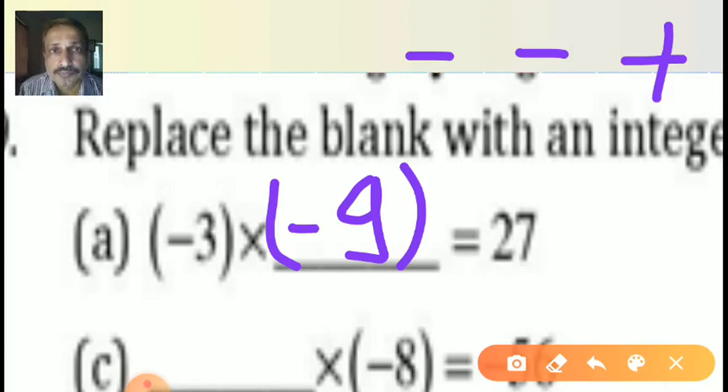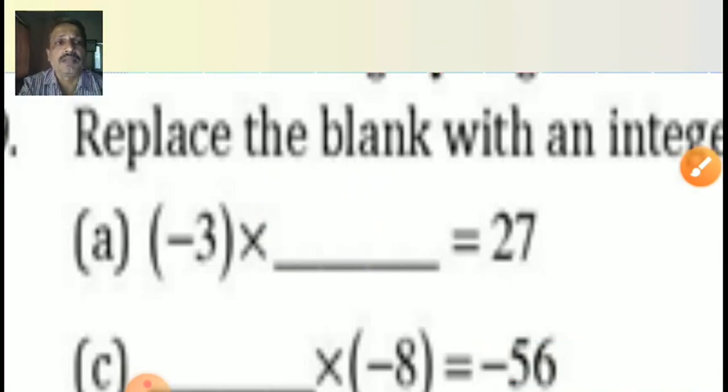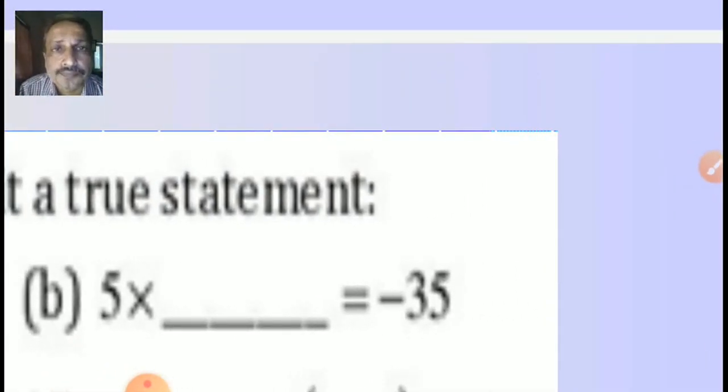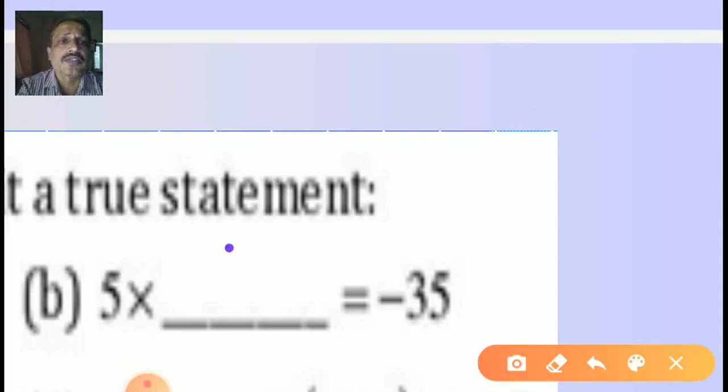Understood? We will move to the second one, B. Yes, let's check B. B is here: 5 into something is equal to minus 35. In the 5 table, where is 35 coming? Yes, 7. Your answer is right, 7.